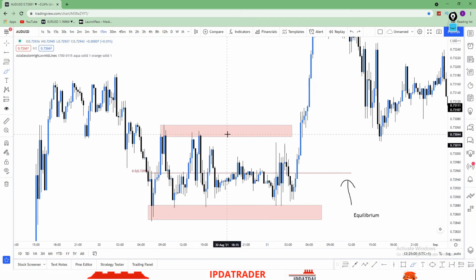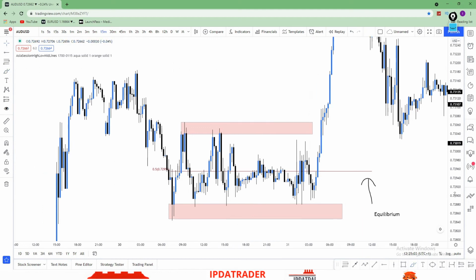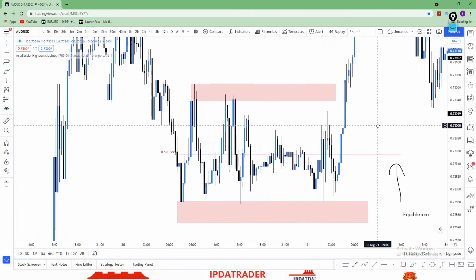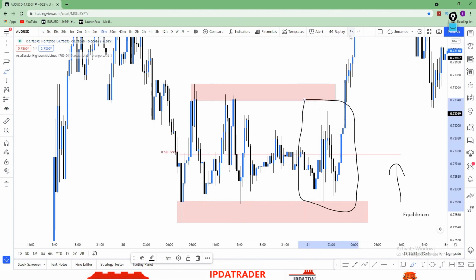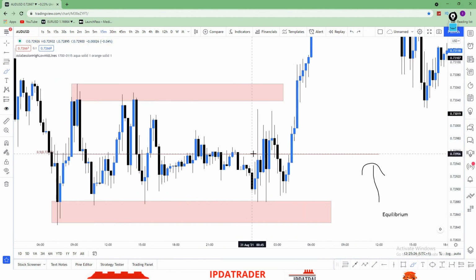So we understand that. And as you can see, right, the 50% of the ranges are always going to be of a very big importance. And we can see it here, how it plays around, right? You're going to see a lot of price interaction within the 50% of a particular range, right? Another thing we can notice here is that, for example, if we look at this end of the range, we can see that every time price went up above the 50%, the algorithm saw that as expensive and quickly went all the way down, right?